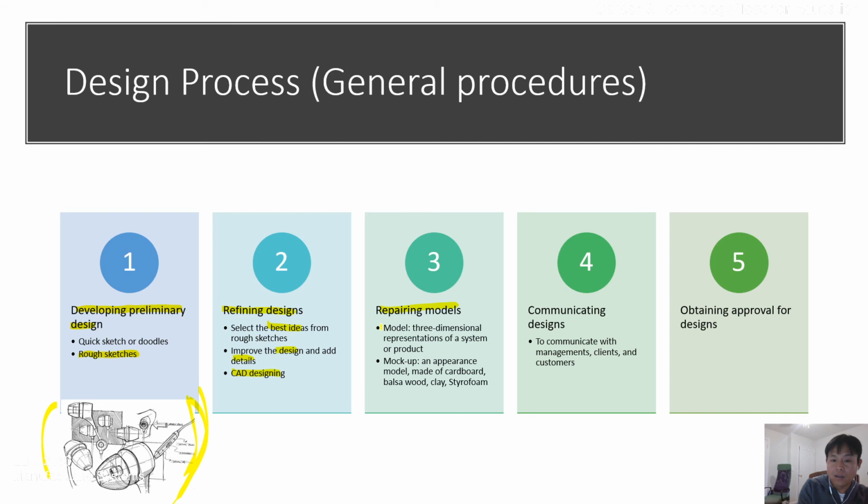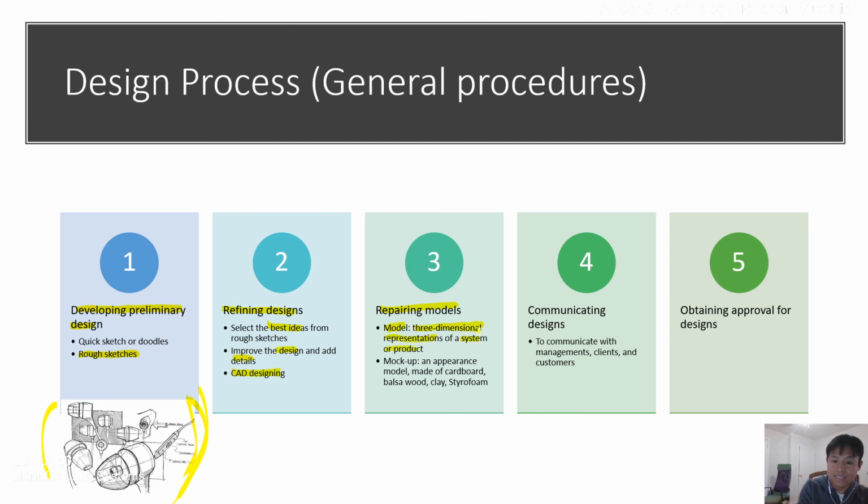At this stage we do modeling, because in the second step we did the CAD design, and the next step is to test our ideas and our design. In this stage we do three-dimensional design, which is a part of CAD, but we try to make a three-dimensional representation of the system or product.